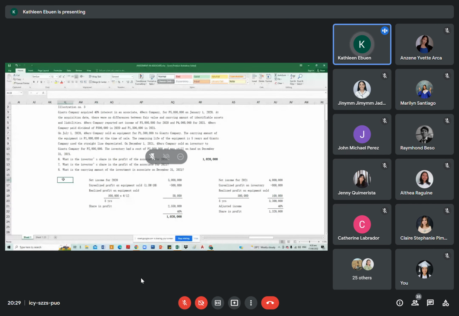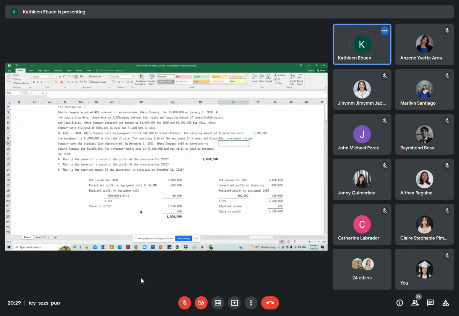For number 8, what is the carrying amount of the investment in associate on December 31, 2021? So, yung carrying amount, class, magkano ba yung acquisition cost? 5 million. So, acquisition cost, we have 5 million. Add natin yung investment income.